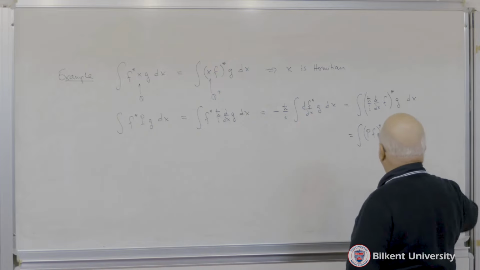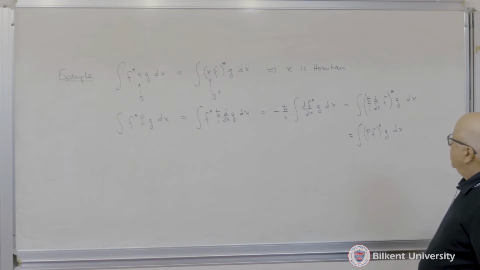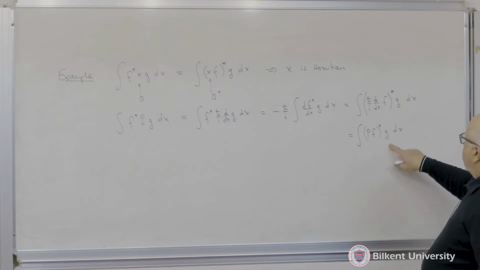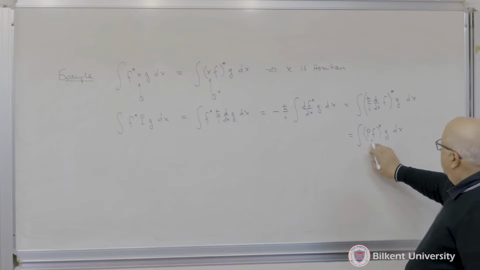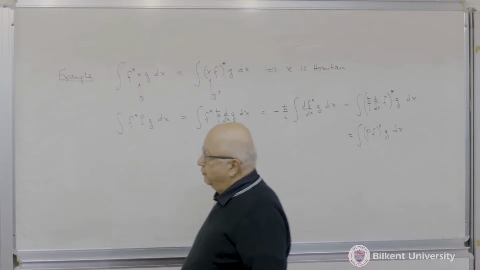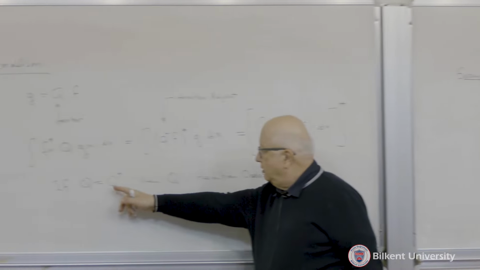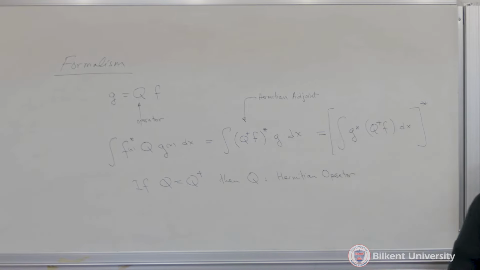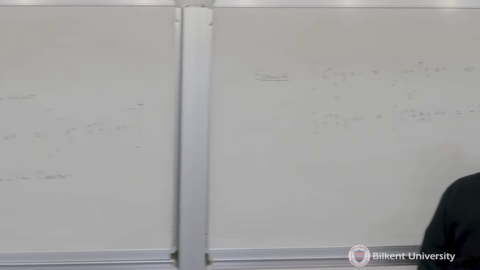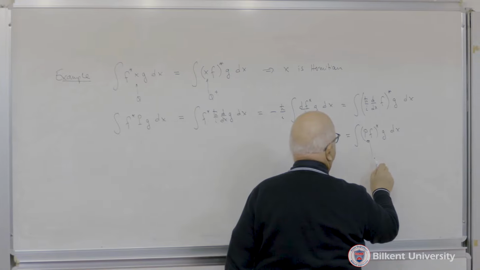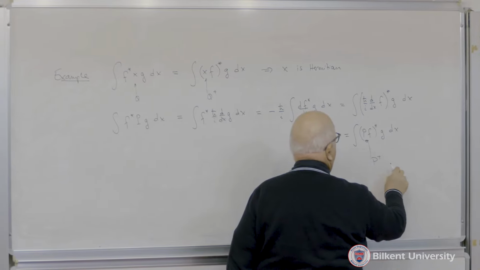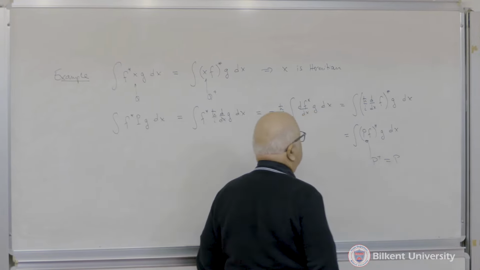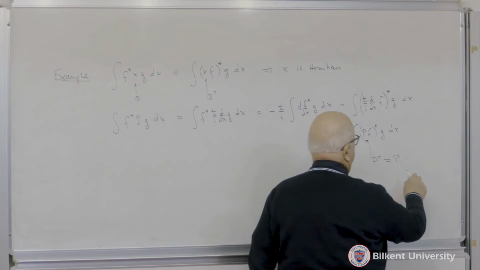The boundary terms are always equal to 0. So I have that. And now you see, according to our definition of the Hermitian adjoint, this thing which is in front of g is going to be p dagger, which is equal to p. So that means p is Hermitian.